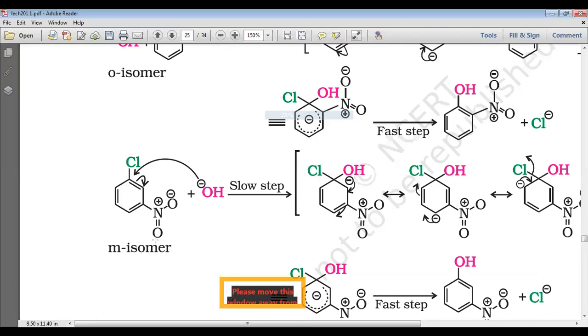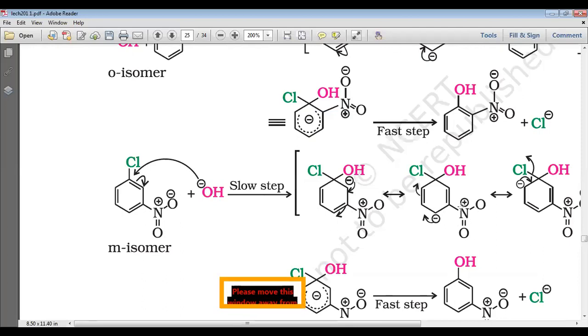Yes, you can see that OH minus attacks on the meta isomer. So when OH minus attacks on the meta isomer, my dear students, the OH and Cl are bonded to the same carbon, and there will be negative charge on the second carbon. Again, when this negative charge moves, the negative charge goes on the fourth carbon and the sixth carbon, but negative charge does not go on the third carbon, which is the meta position.